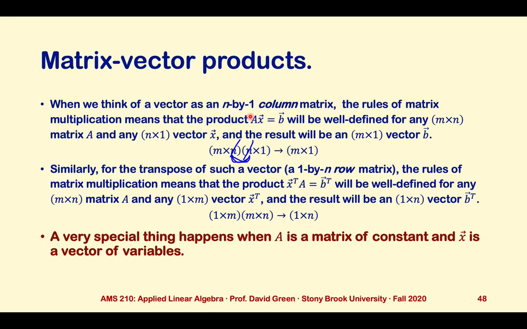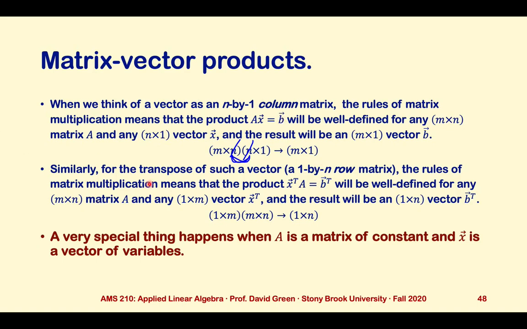So the product of a matrix and a column vector gives us another column vector, but perhaps of a different size. If A is not square, we will have a different size vector as the answer.